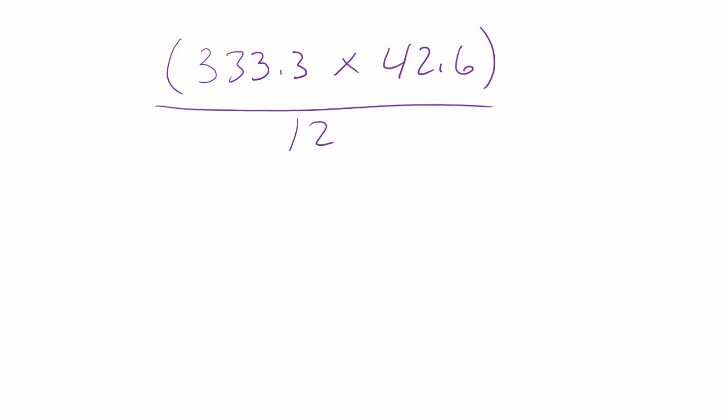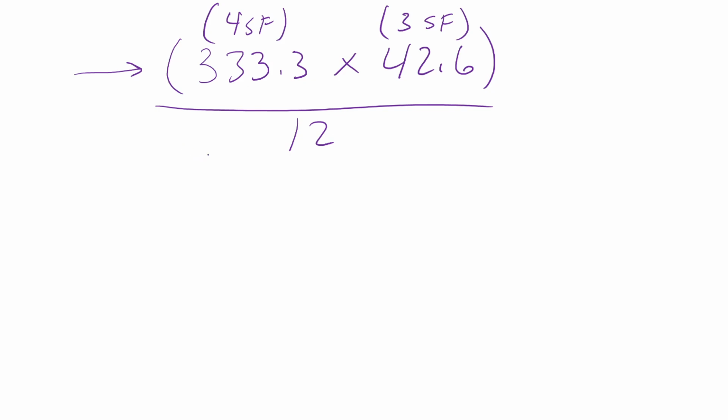So if we're going to do this problem here, we're going to work with significant figures, and we need to figure out what we want to do first. What we want to do first is what is in the parentheses. So we are multiplying here. This would have 4 significant figures, and this would have 3 significant figures.